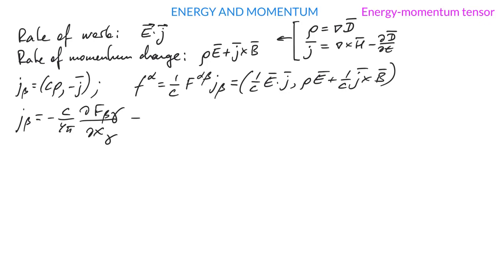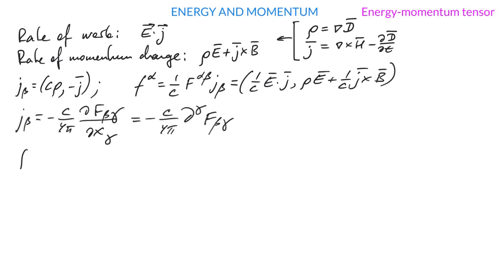Now, in the following, we'll use the simplified notation for the derivatives. So instead of d by dx gamma, we'll use d with the index corresponding to the transformational properties of the derivative. So if we differentiate with respect to the lower index of x here, d will carry the upper index gamma, F beta gamma. So now we can substitute J beta into this expression here and do some manipulations with it.